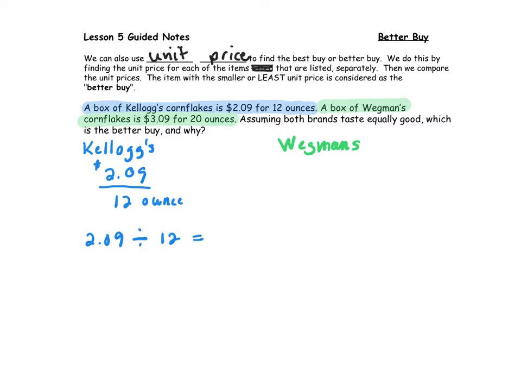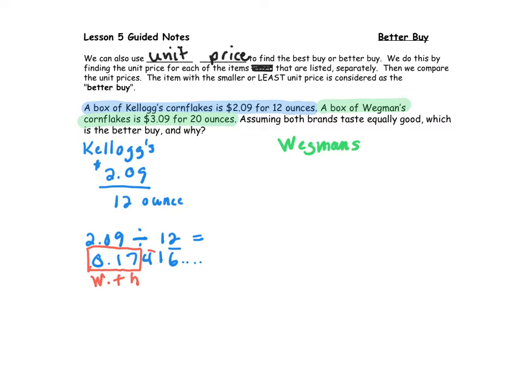And that lovely answer is 0.17416 repeating. Okay, that repeats. So now we can see that we're going to have to use our what dot the heck, and that's because money is dollars, dimes, and pennies. So it's either going to be 17 cents or 18 cents.